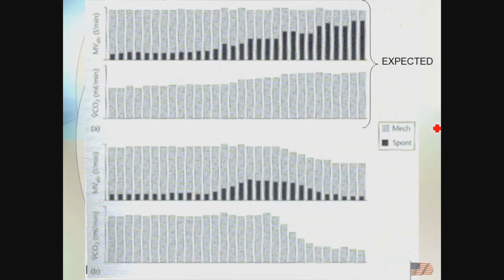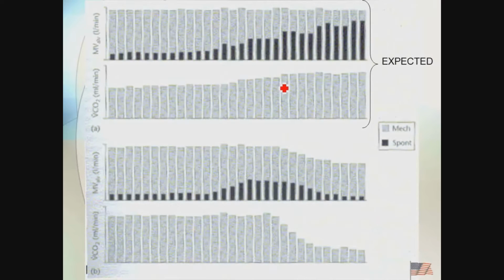This is using an SIMV approach to weaning somebody, where I'm gradually reducing the support from the ventilator. So the spontaneous portion of the total minute ventilation should go up. And what you should see is that the amount of CO2 elimination should go up also, because I'm not having an ineffective ventilation happening. Can you see that?